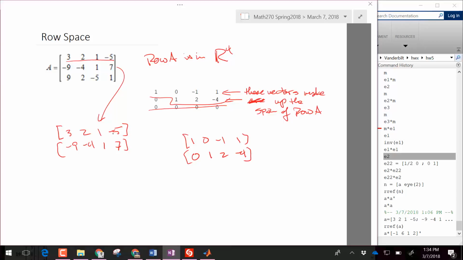So which one should span the row space? Okay, it turns out that these two span the same space.